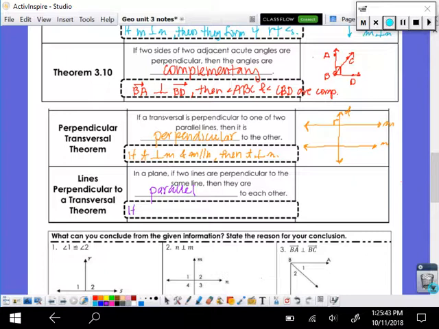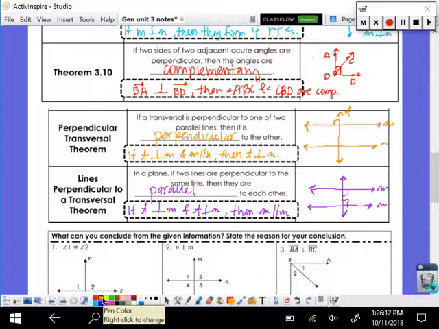So if T is perpendicular to M and T is perpendicular to N, then M is parallel to N. Again, two more lines, M and N, with a perpendicular T. Both of these lines are perpendicular to T, so then we know that M and N are parallel. In the one above it, I forgot to put the parallel arrows there.